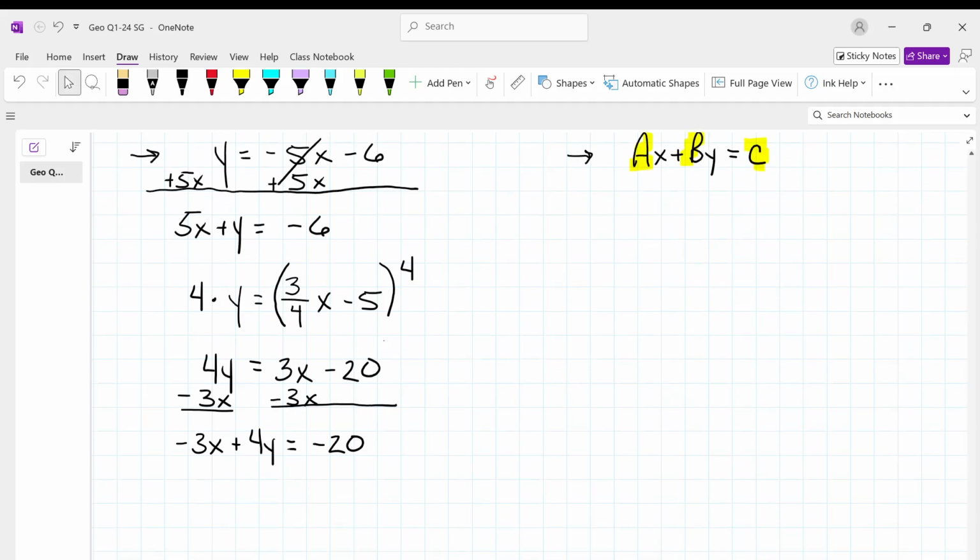If you get an equation that looks like y is equal to, let's say, 2.4x plus 9.7.